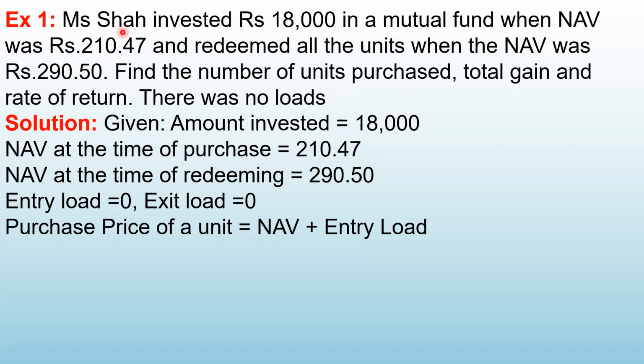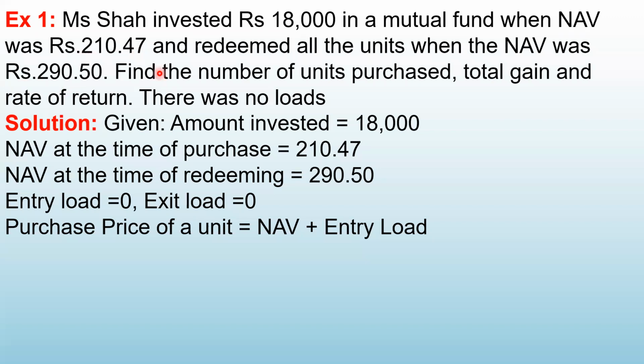This 210.47 is the NAV when she purchased the units, and this 290.50 is the NAV when she redeemed the units. So we will write here, NAV at the time of redeeming is 290.50. 210.47 was the NAV when she bought, and when she redeemed, meaning sold, it was this much.